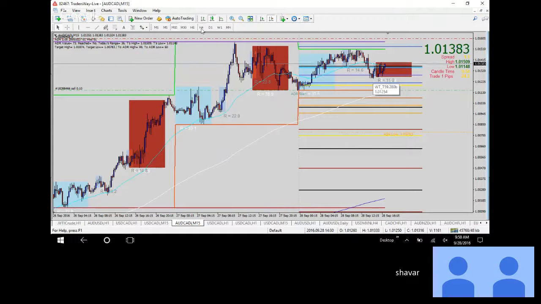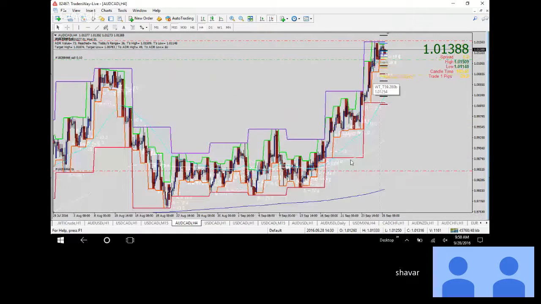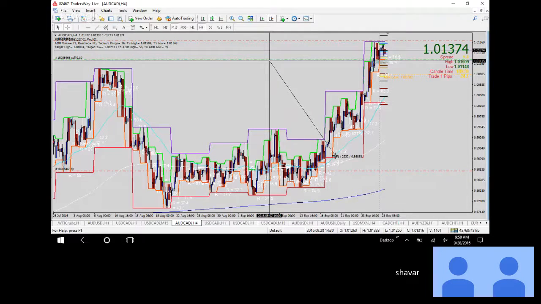And let's see. About 262 pips. All right, I think I put out the wrong take profit on that pair. Let me resend this out.